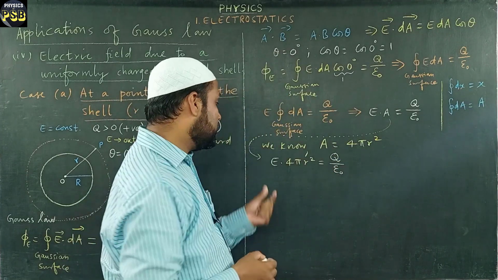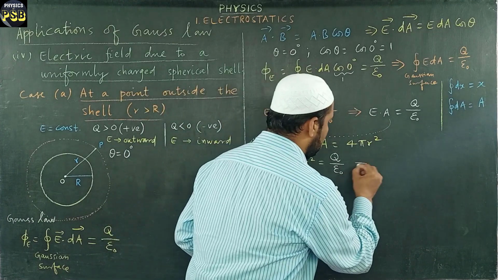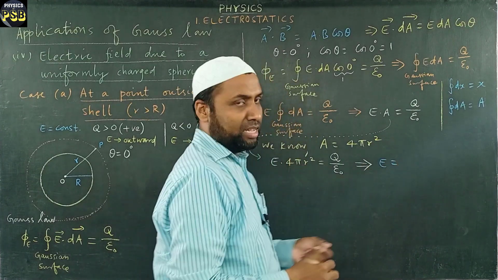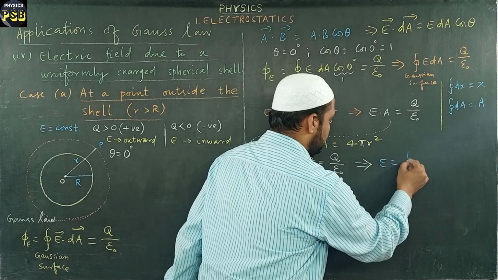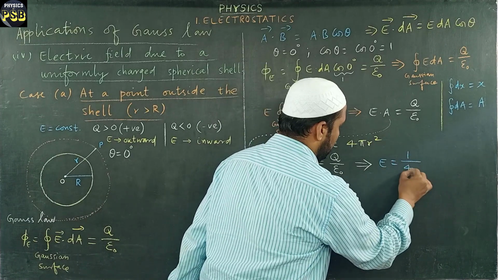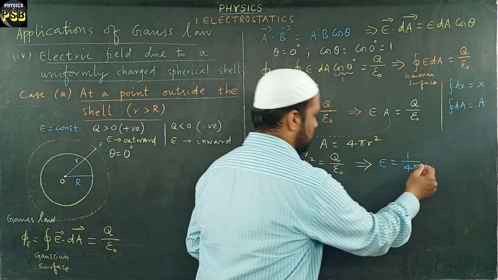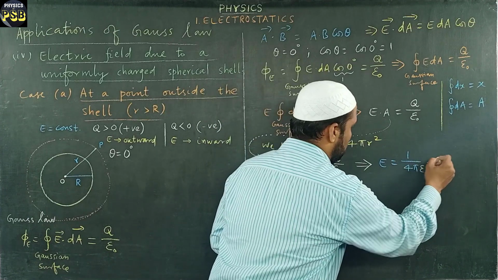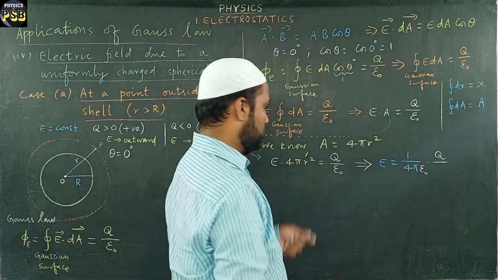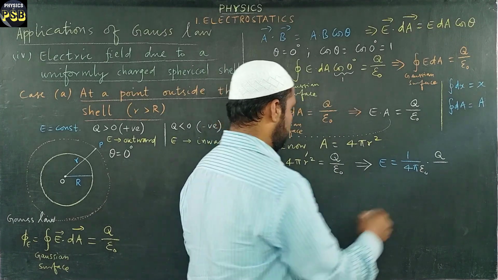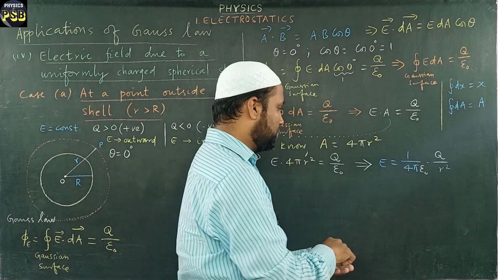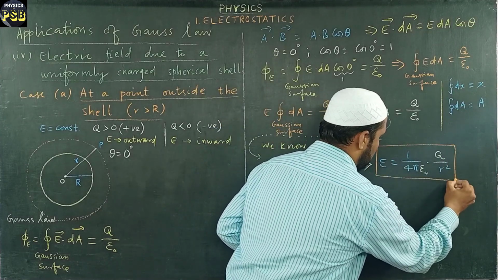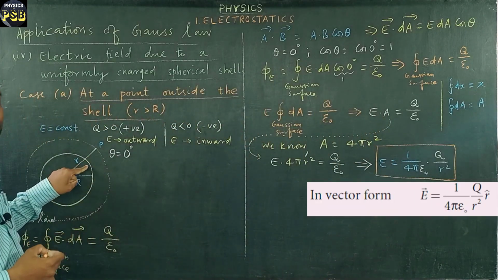Then what is my aim? My aim is to get the expression for E. So it is obtained using cross multiplication. E is kept here as such, and the remaining terms are taken on that side. So I write it like this: E equals 1 by 4 pi epsilon naught, Q upon r square. This is the expression for electric field at a point outside the charged shell.